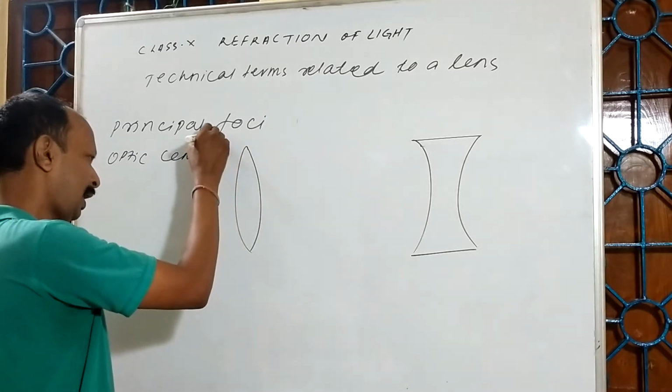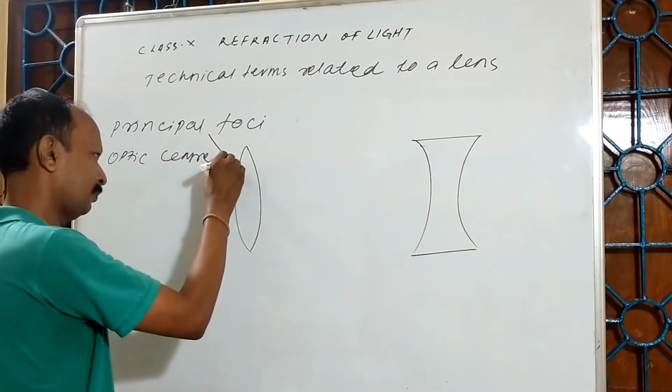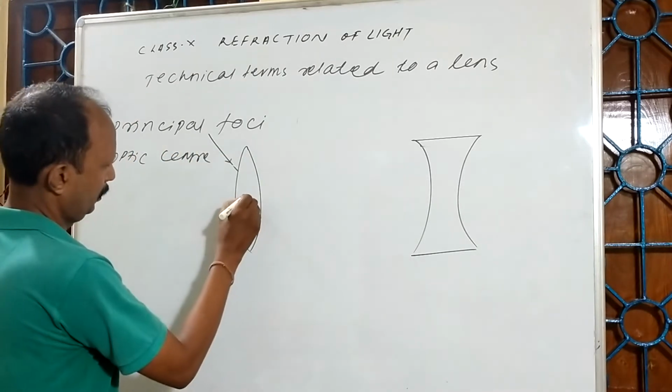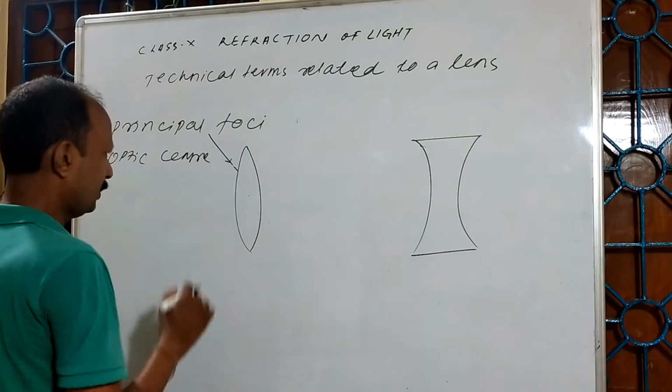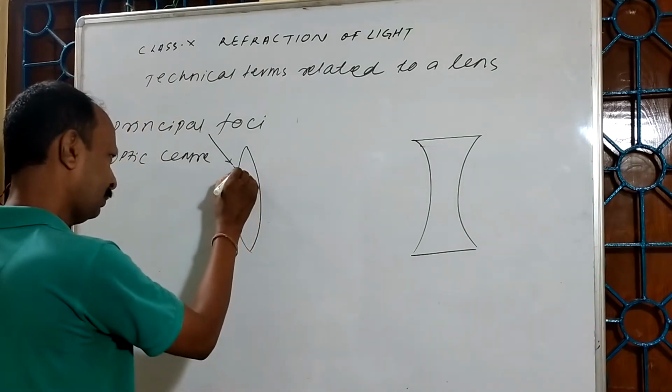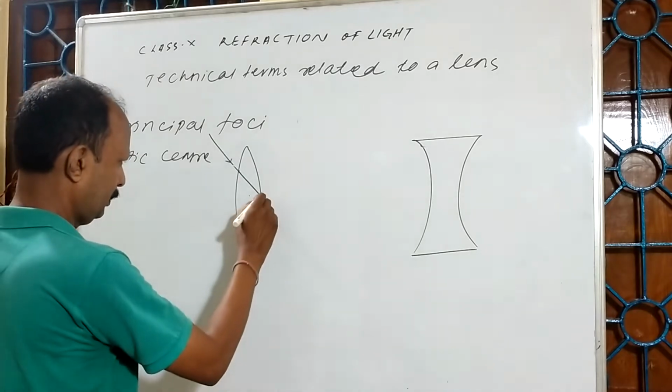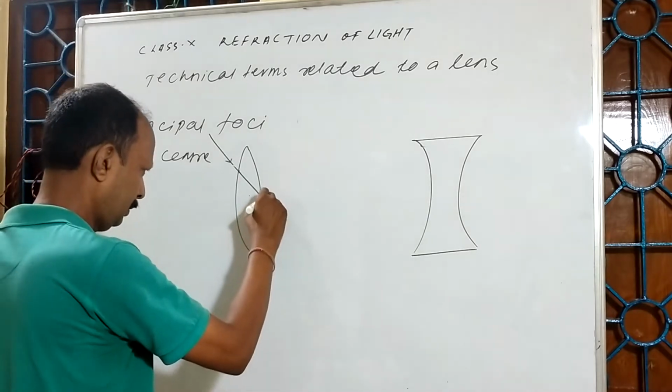Suppose light ray comes like this. Okay. Now this ray, it bent. Okay, bent.